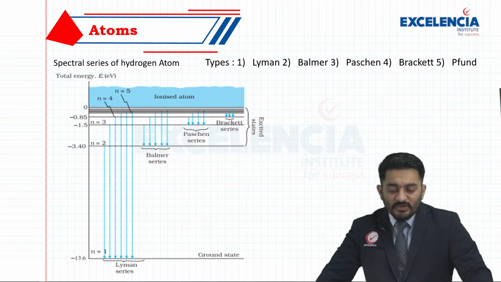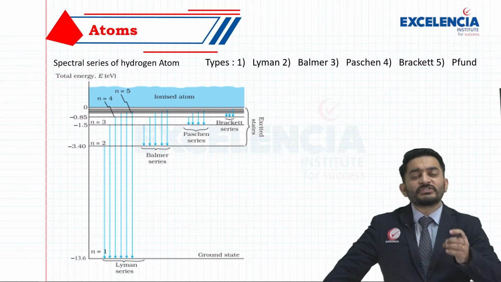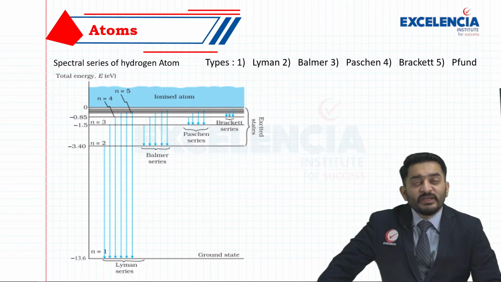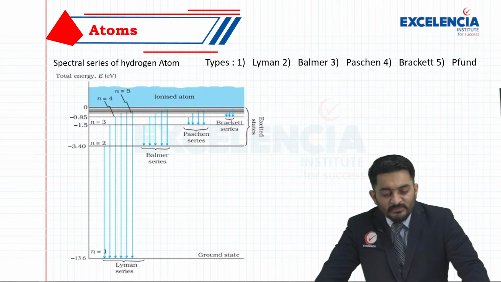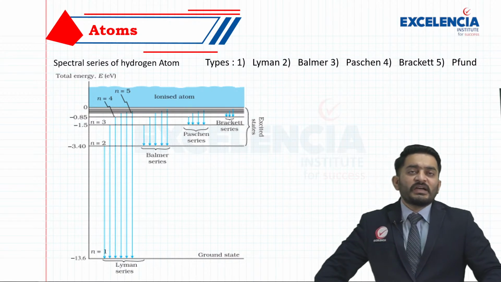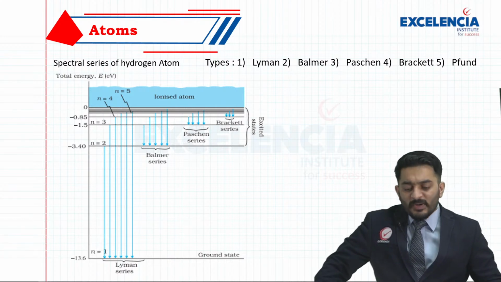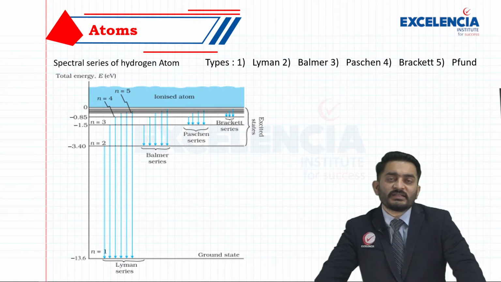Similarly, when it falls to the first excited state, that was studied by Balmer, which is called the Balmer series, and the photons fall in the visible range. Then you have Paschen, Brackett and Pfund, which fall in the infrared region. So these are the various spectra which you have seen in the regular class as well.